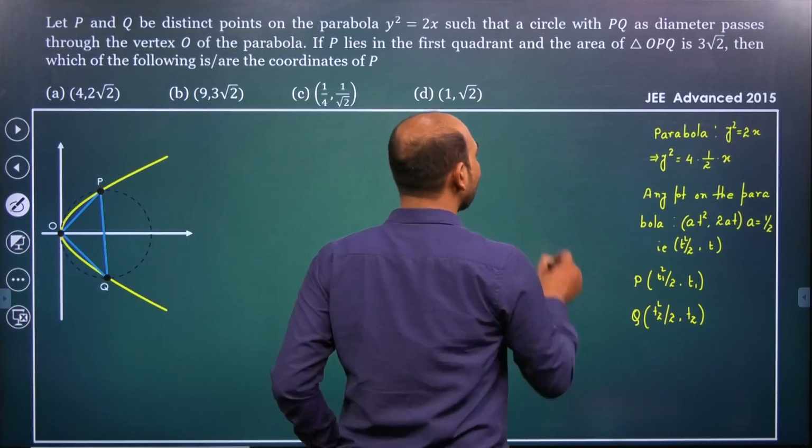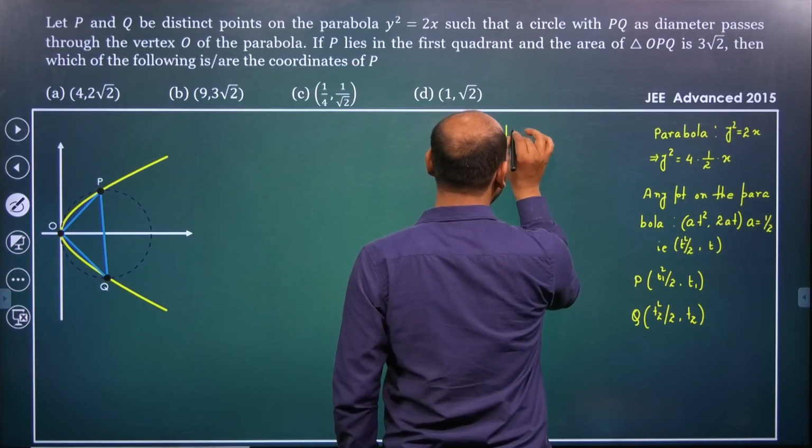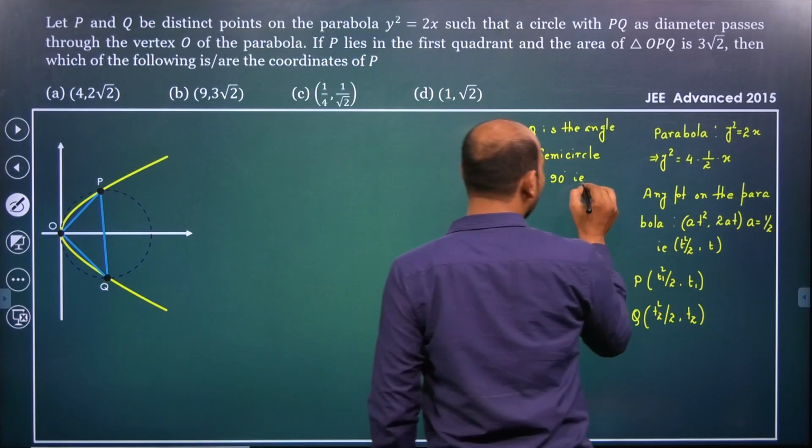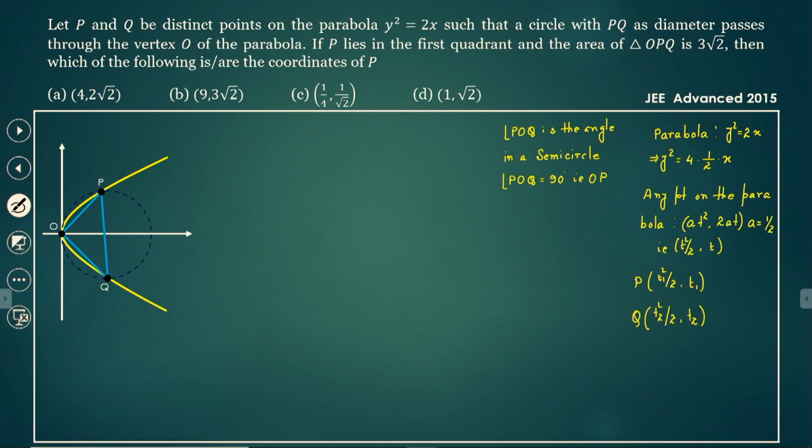So as angle POQ is the angle in a semicircle, the angle POQ is equal to 90 degrees. That means that OP and OQ are perpendicular.